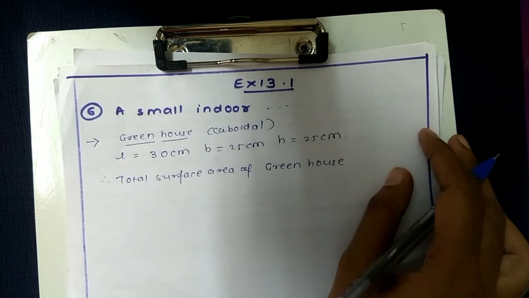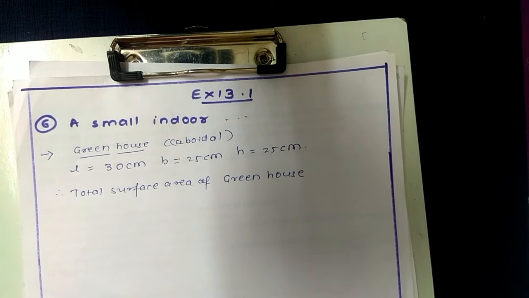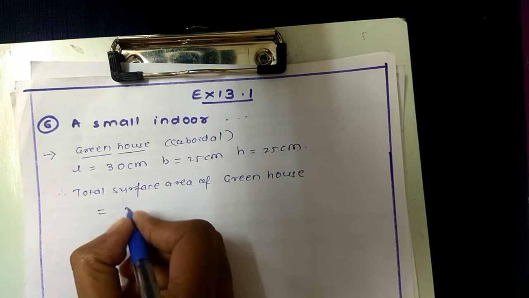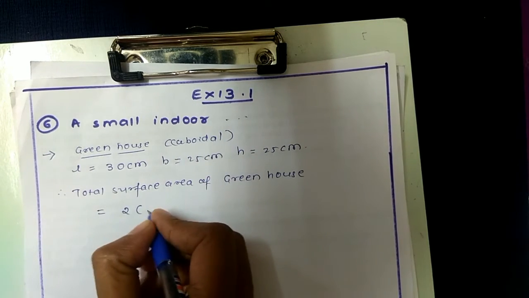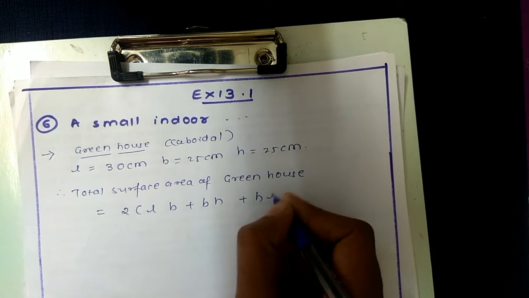When we are talking about the TSA, we have to take the areas of 4 walls, roof and the floor. The shape is cuboidal, so the formula is 2(LB plus BH plus HL).